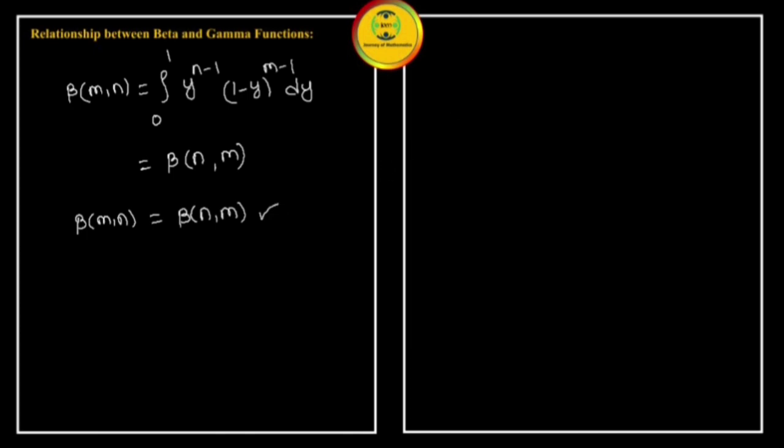Now let us discuss the second property of the beta function, that is gamma of n plus 1. Gamma of n plus 1 is equal to n into gamma of n.